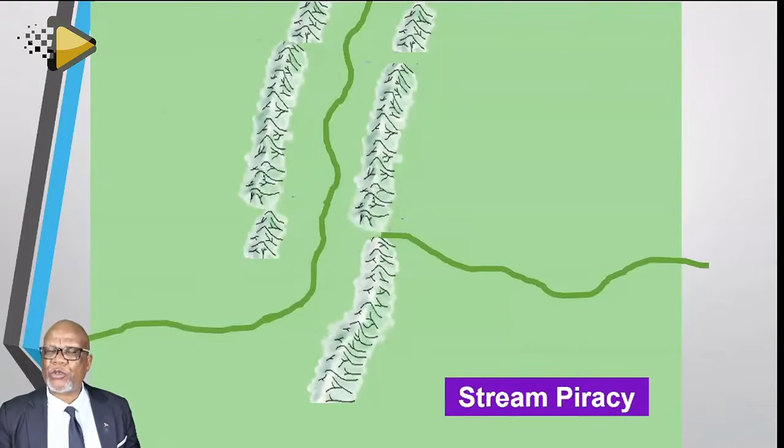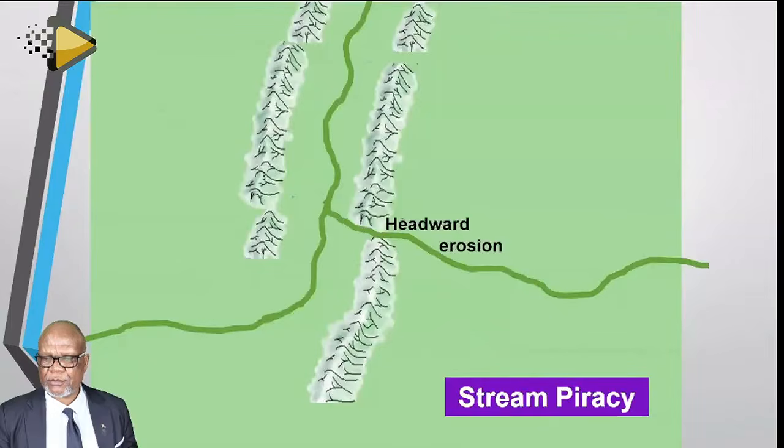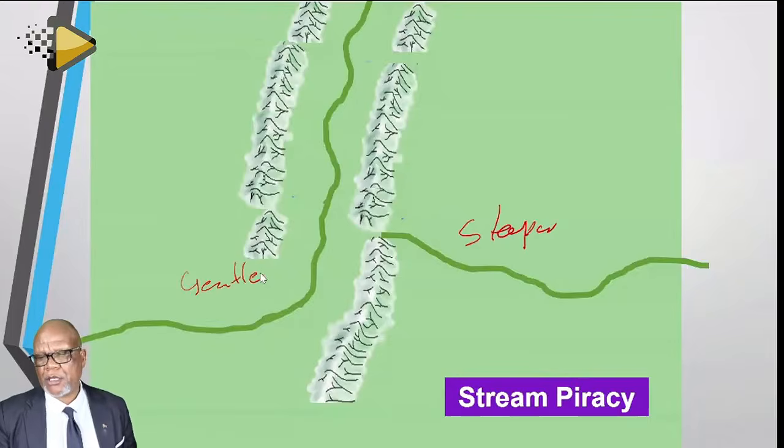So for a river to divert headwaters, now we have two rivers here. This river is flowing on a steeper gradient, and this one is flowing on a gentle gradient.